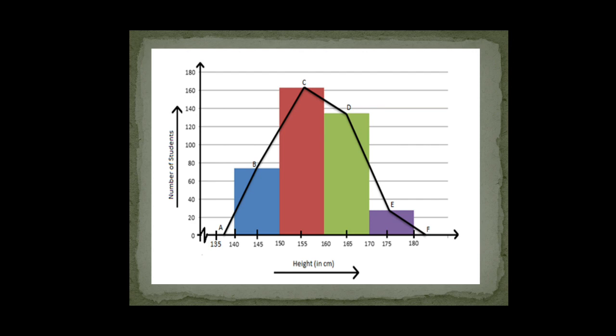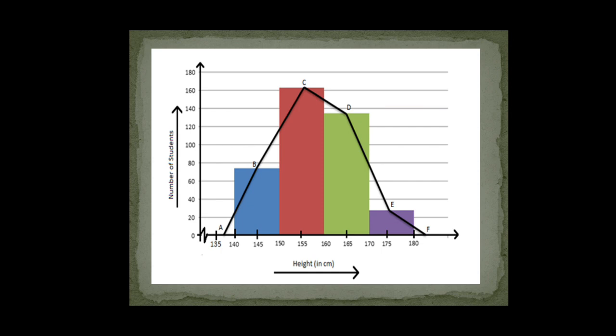It is done to equate the area of the frequency polygon with the area of the histogram. Thus, dear students, the area under the frequency polygon is always the same as the area under the histogram.